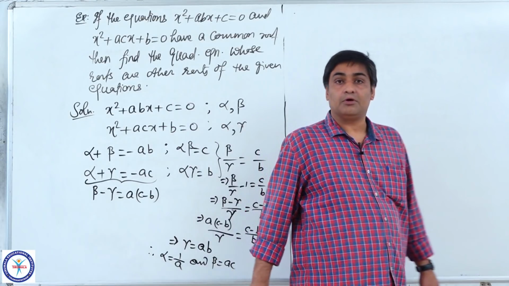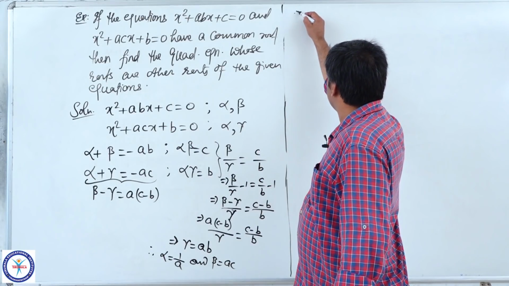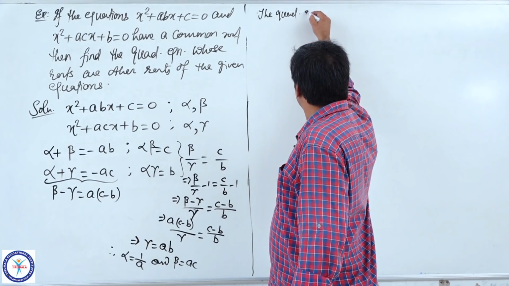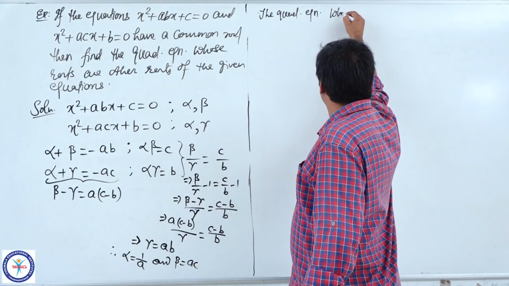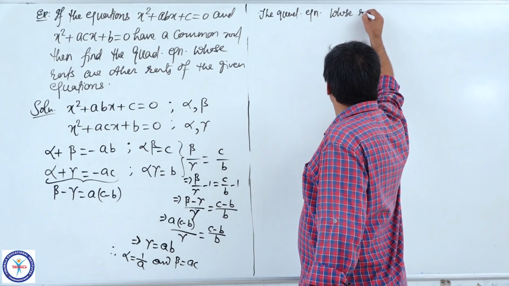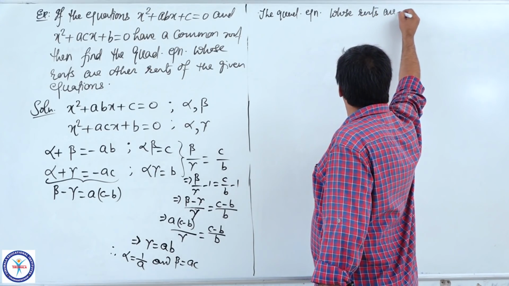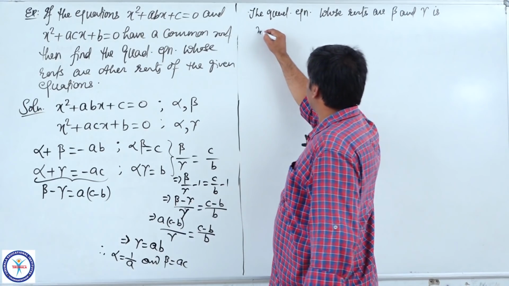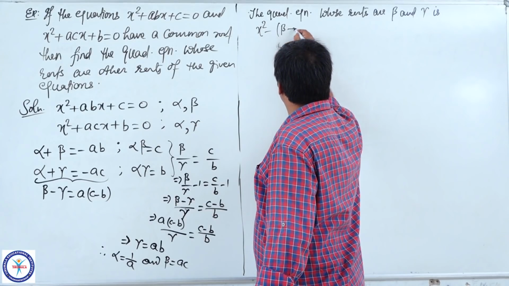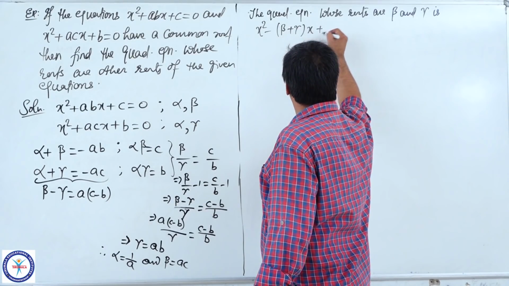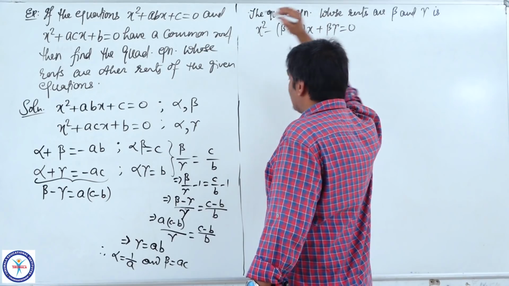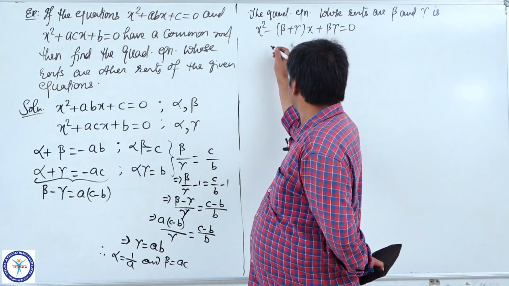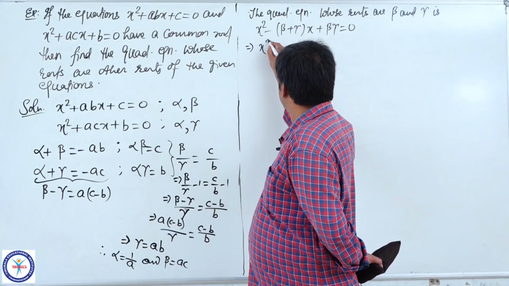Now, the quadratic equation whose roots are beta and gamma is x² - (beta + gamma)x + beta·gamma = 0. This implies x².